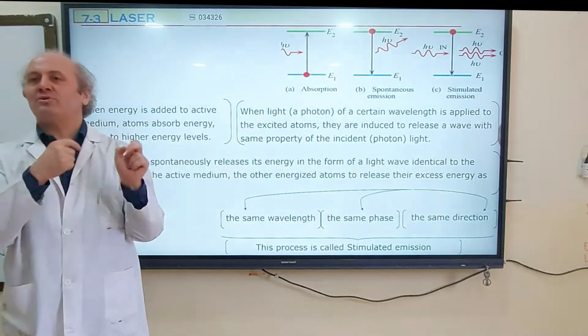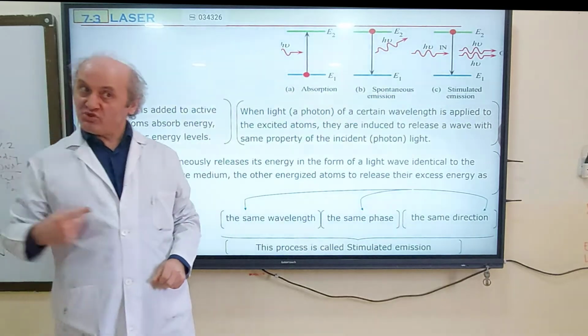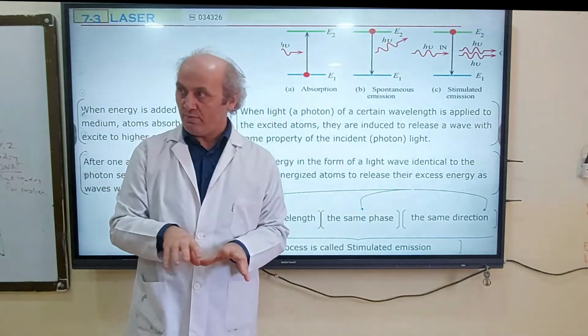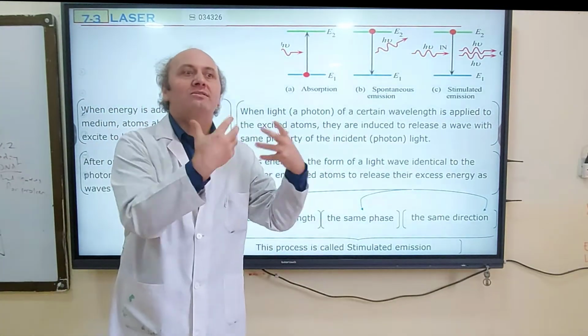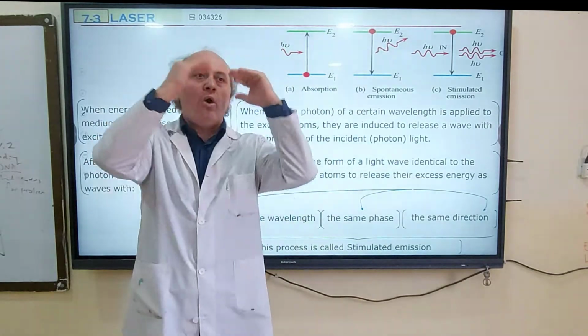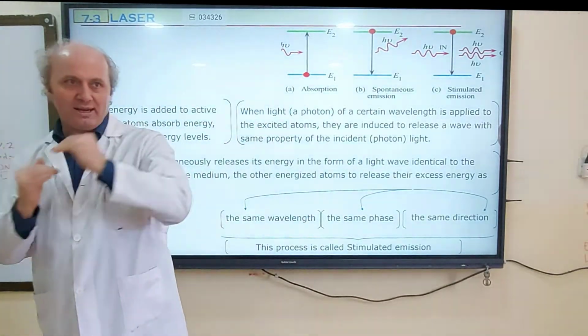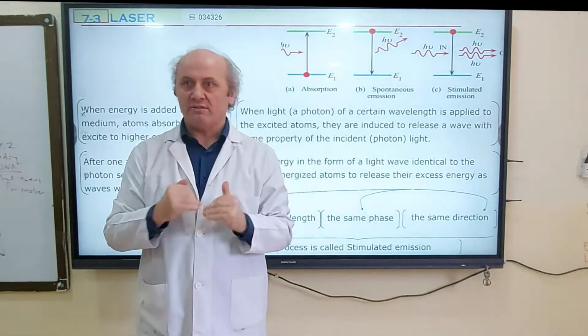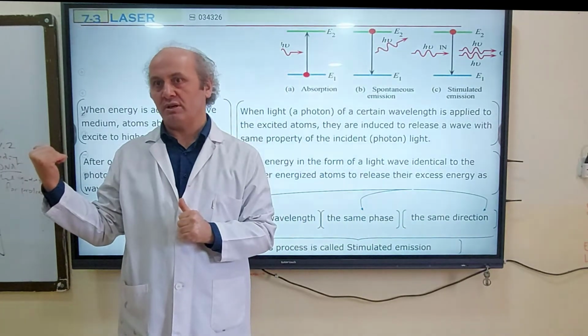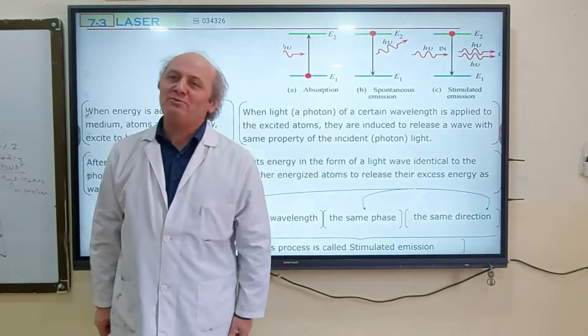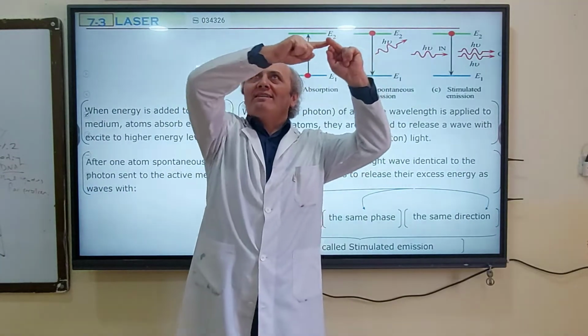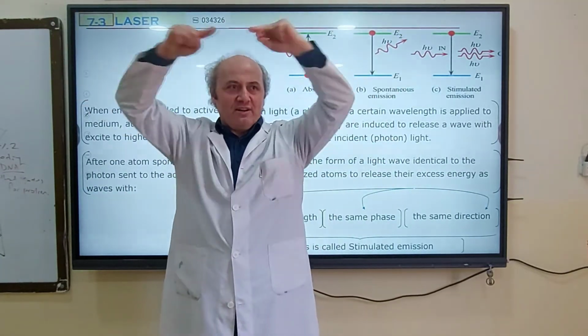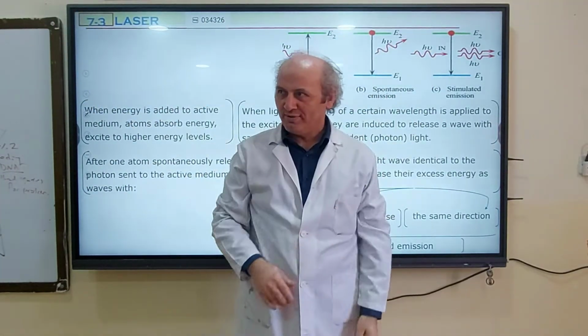The photon we send is doing the same thing. When we send this photon inside the active medium, all atoms are stimulated by that photon and all start to emit light with the identical wavelength of the incoming photon. Another example. Sometimes you see birds standing on a power line in groups.